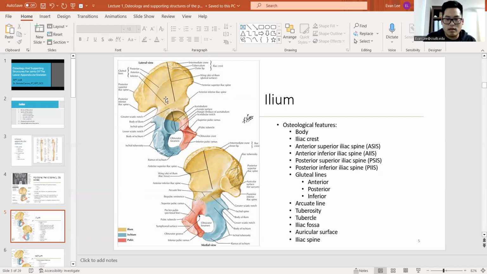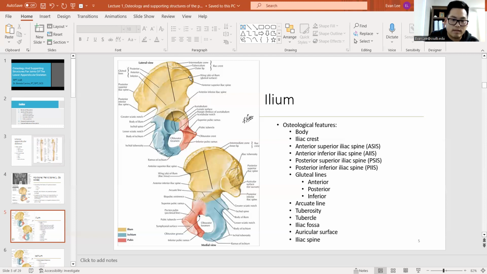But then there's a lot of little crests, spines, notches that come off of this.